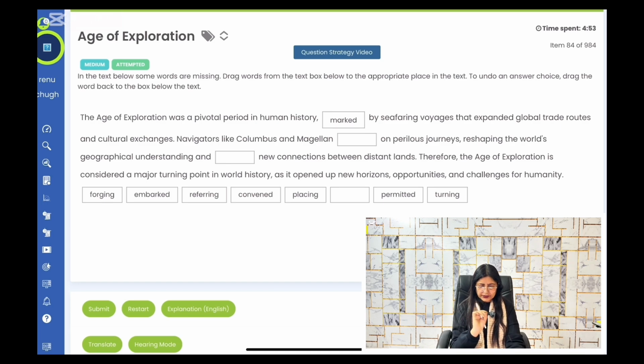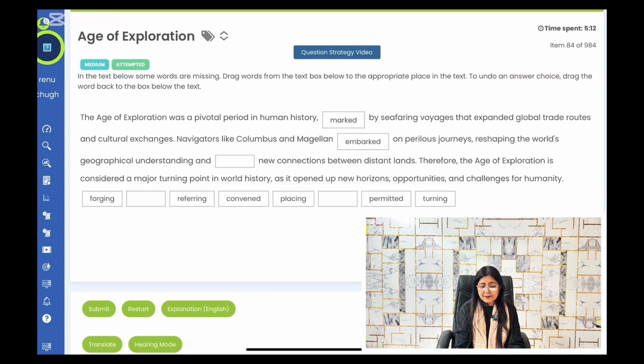So we'll be using V2 over here. They permitted, they convened, or they embarked. We embark on a journey; embarking means to start. That's a very common collocated word. Remember, embark is for starting or initiating anything.